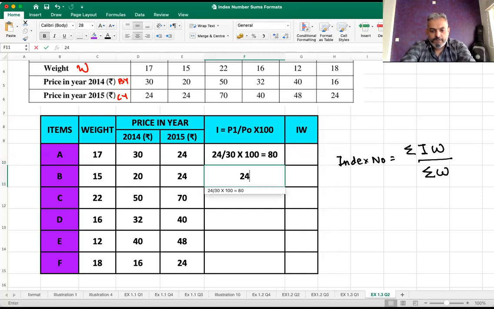And 24 divided by 20 into 100 is equal to 120.